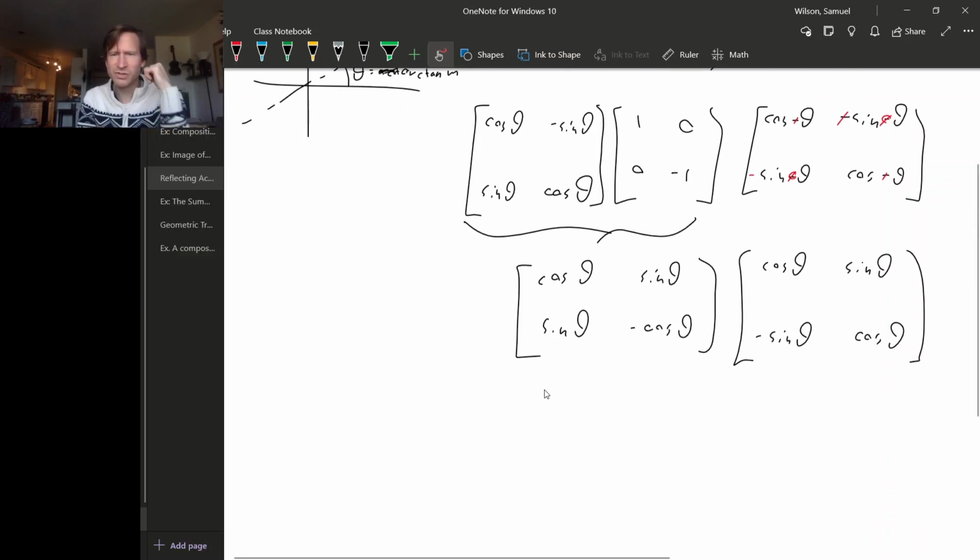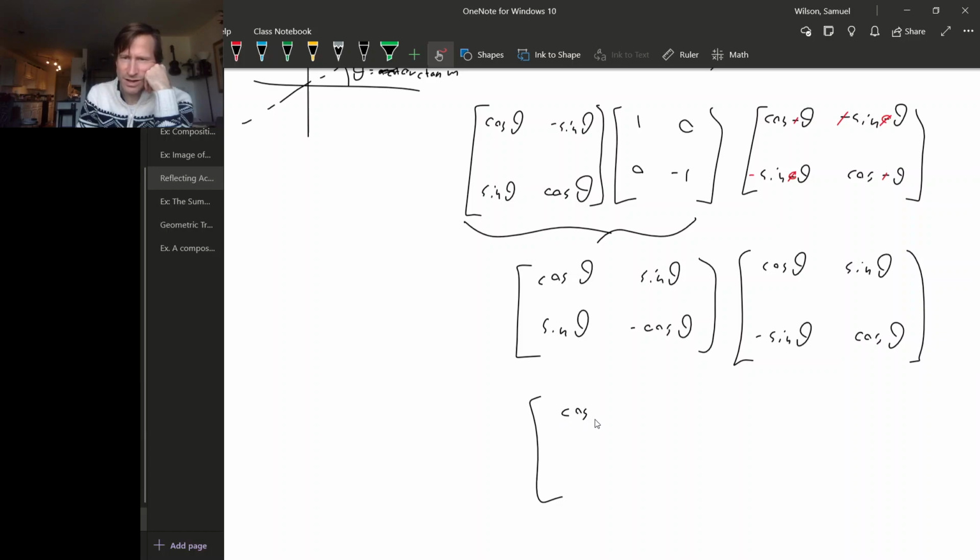Now we can multiply, so we get cosine squared theta minus sine squared theta. Here we get 2 sine theta cosine theta.